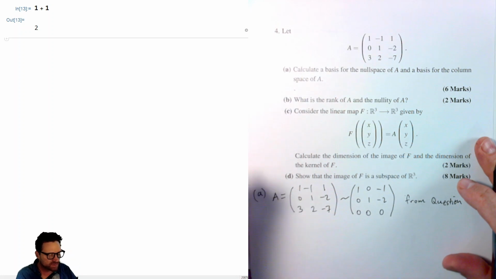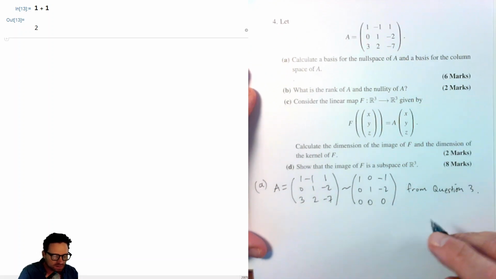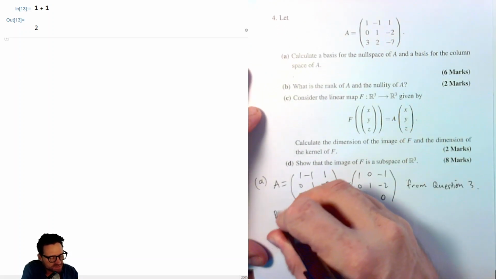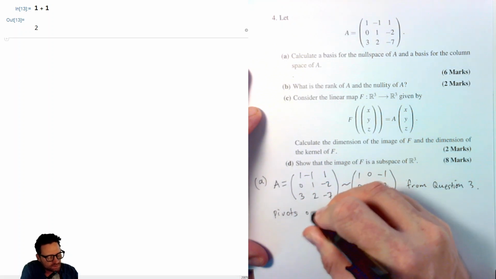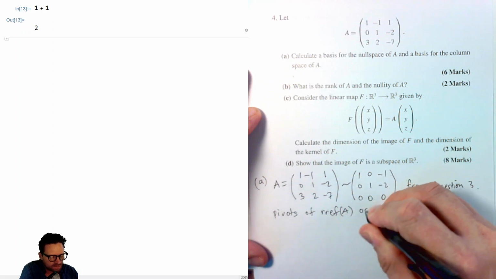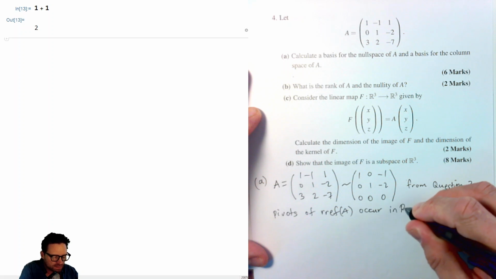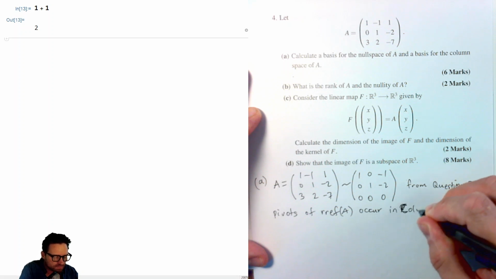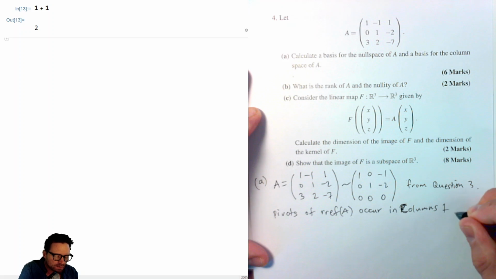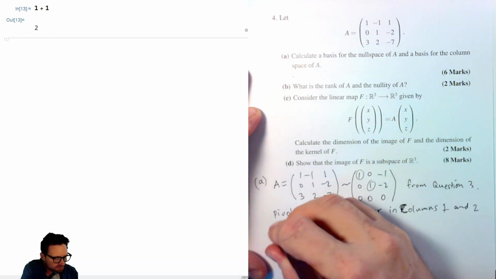Okay, so now it just remains to interpret what the null space and the column space are. So let's have a look at this. Pivots of the row reduced echelon form of A occur in columns 1 and 2. So circling these here and here, so columns 1 and 2.